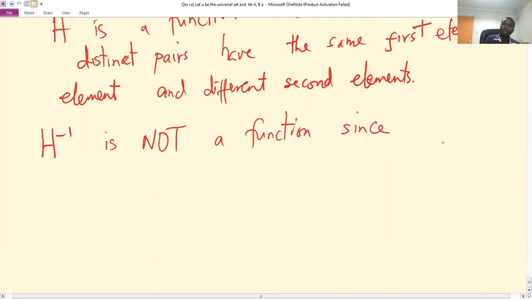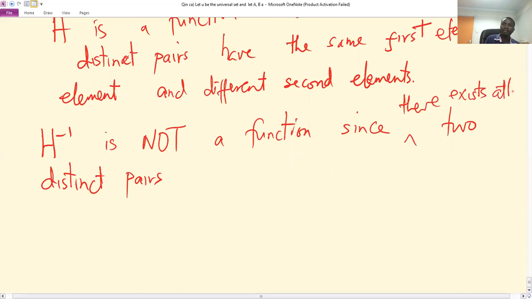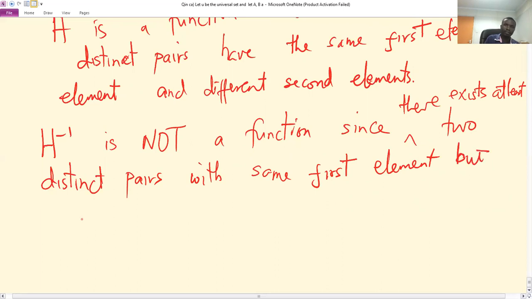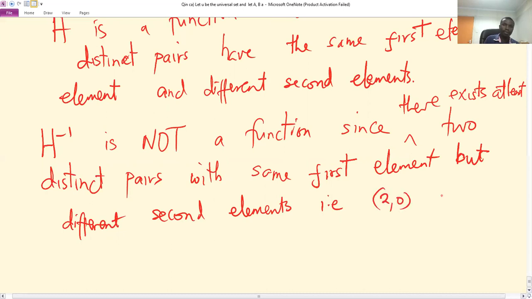Since there exist at least two distinct pairs with same first element but different second elements, i.e., the pair (2, 0) and (2, 2).